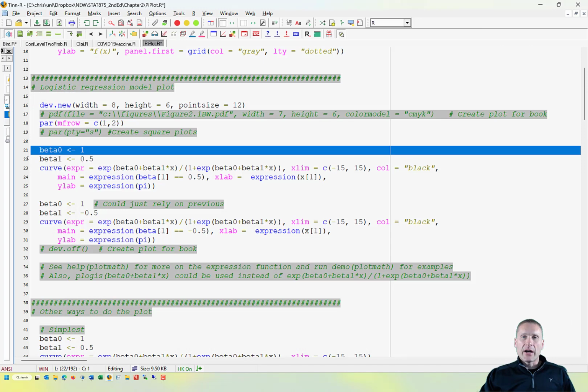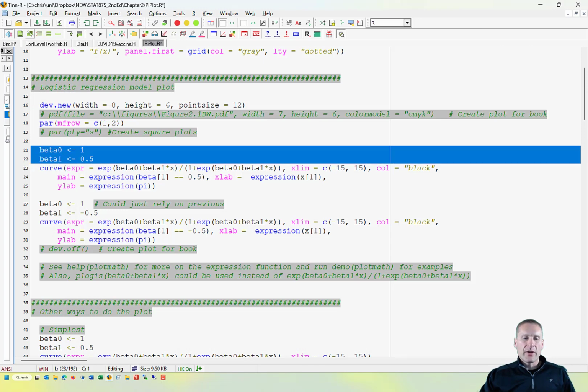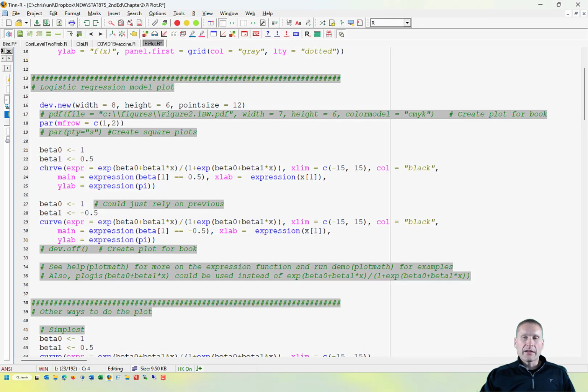So I'm going to set a value for beta 0. I'm going to set a value for beta 1. And then I use my curve function. For the expr argument, I need to write out in the proper R syntax how to evaluate my logistic regression model. So I use the exp function, beta 0 plus beta 1 times x, divided by 1 plus the exp function again, beta 0 plus beta 1 times x.